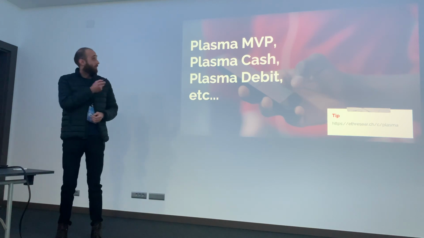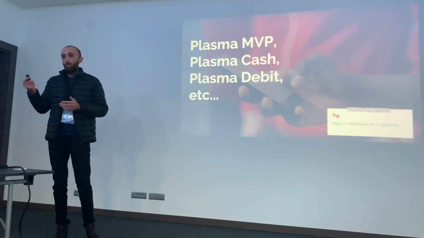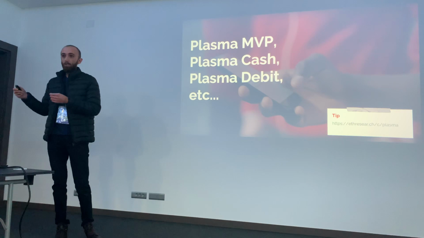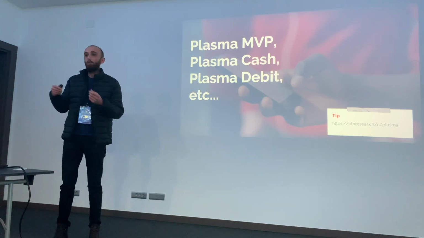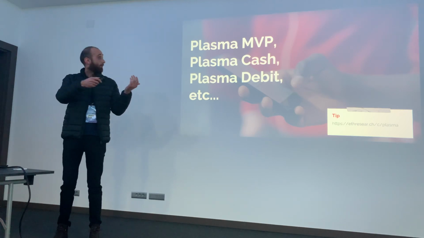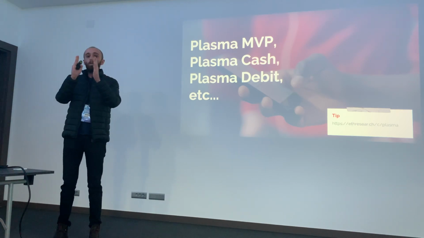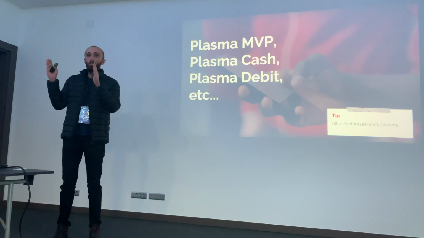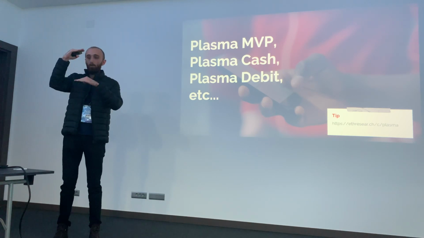Plasma Cash, on the other hand, is not used for general funds, but it's used more for unique IDs or tokens, where basically in each block on the sidechain that runs Plasma Cash, every token ID has a slot. For example, if we have 5 token IDs that we are using, we have 5 slots, and if a slot is empty, nothing happened in that block.